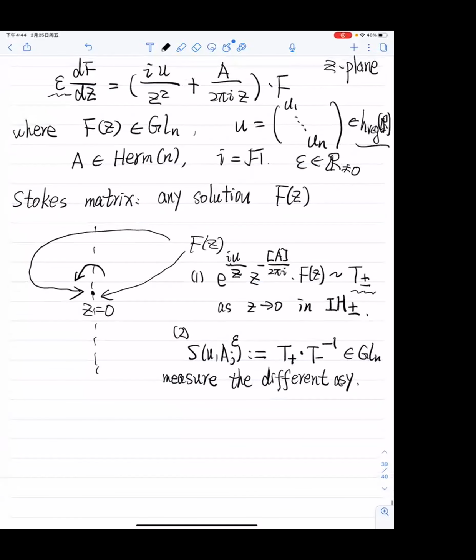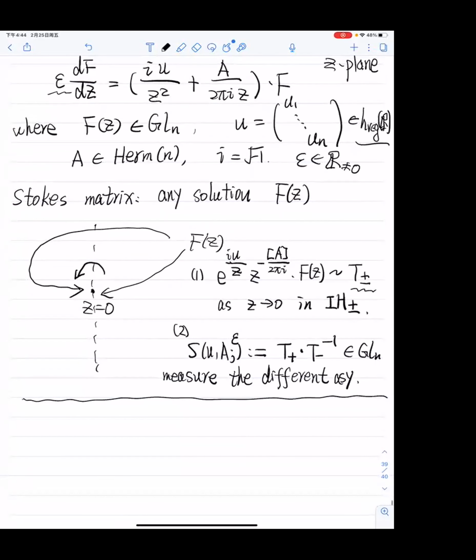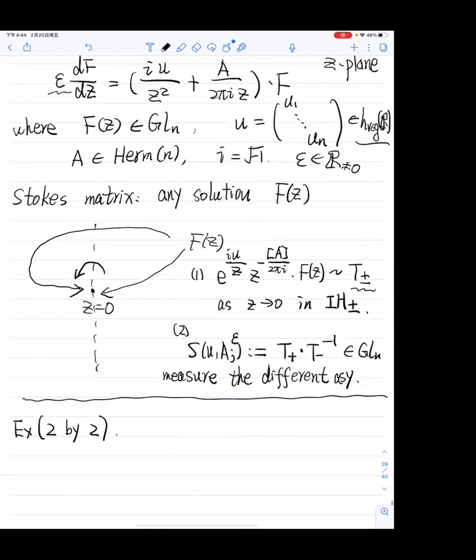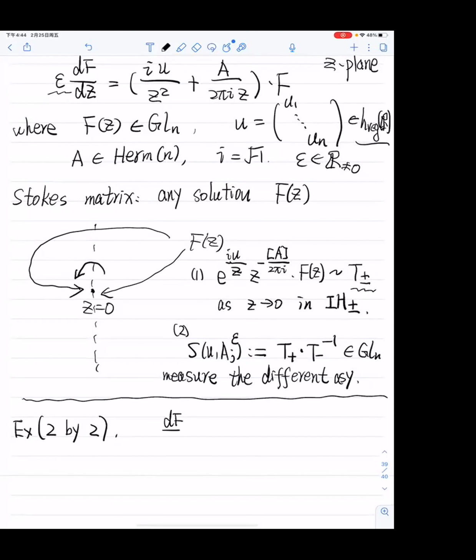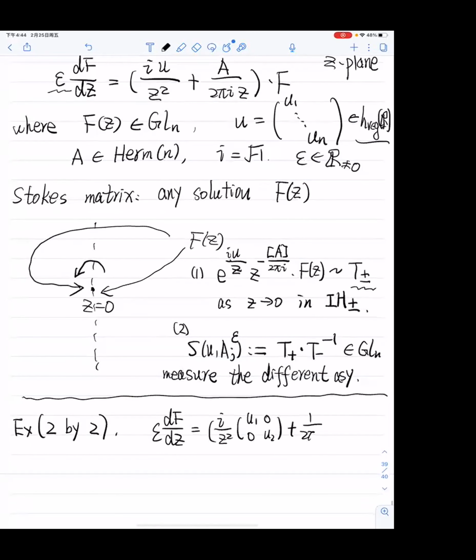Yeah. So if this is the first time you see the Stokes matrix, I'll give you an example, the 2x2 case. Let's see what exactly it describes. In the 2x2 case, the Stokes matrix actually measures the connection formula for the Kummer function. In the 2x2 case, our system takes this form: you have some u1, u2, two real values, plus 2 pi i, and the residue matrix is Hermitian.